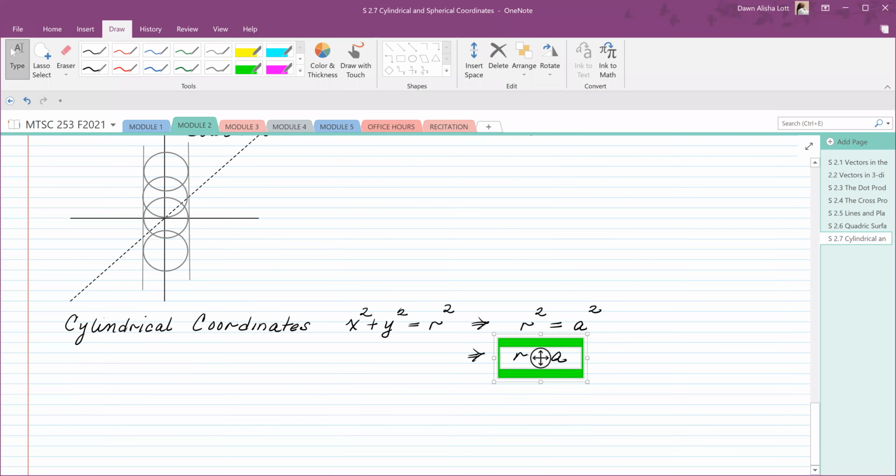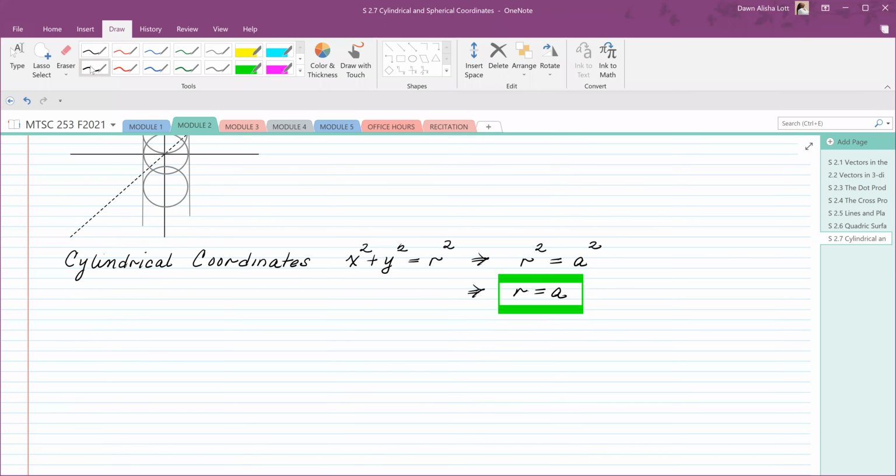All right, let's look at a plane. So a plane in cylindrical coordinates, nope, I'm going to do Cartesian first.